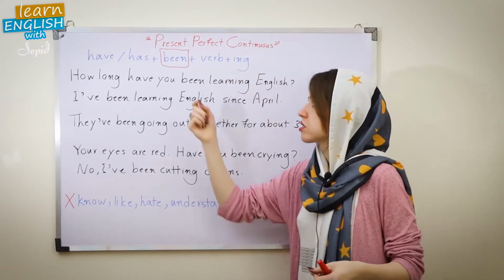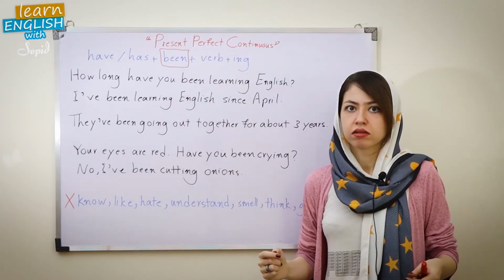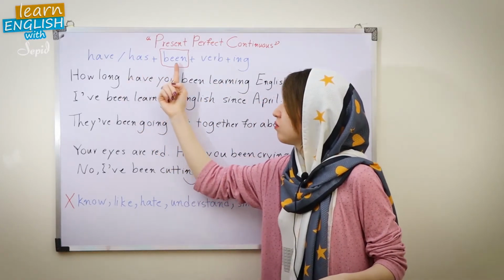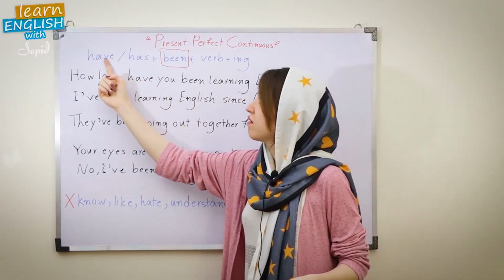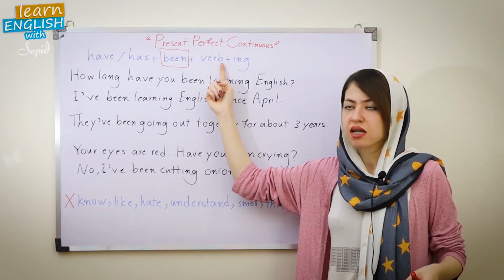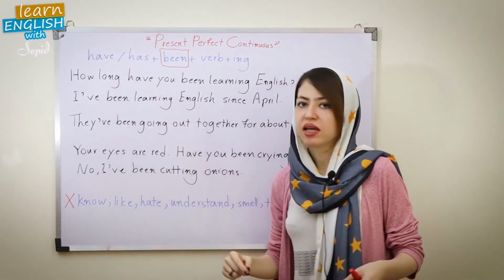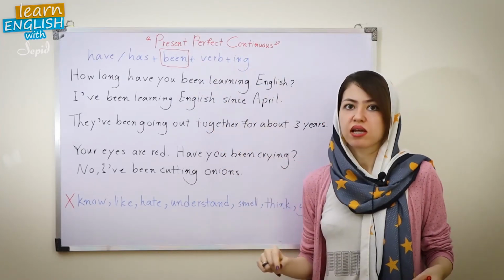For instance, have been playing, has been doing, have been studying, like this. So this is the formula that you're going to follow if you want to talk about the present perfect continuous tense.